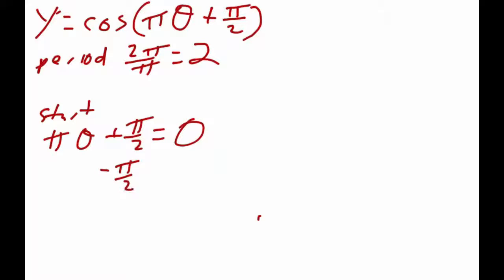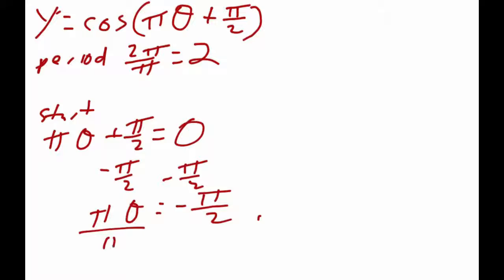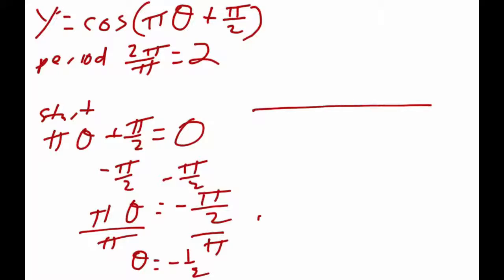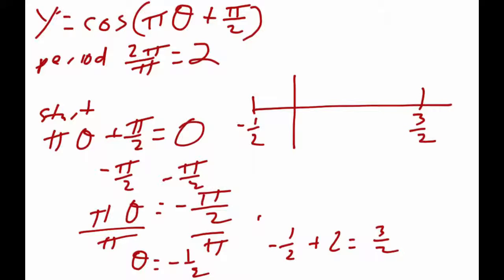Subtract pi over 2 on both sides, and we have pi theta equals negative pi over 2. When I divide both sides by pi, theta equals negative 1/2. Negative 1/2 plus 2 equals 3/2. So that's where I'm going to end it.